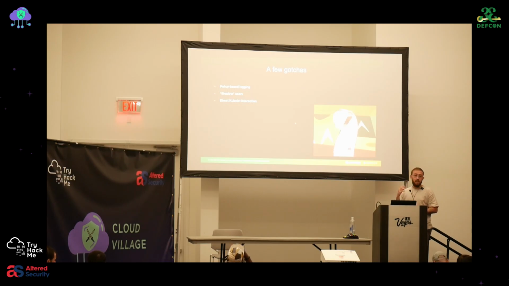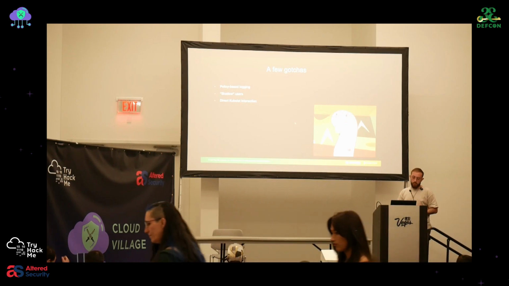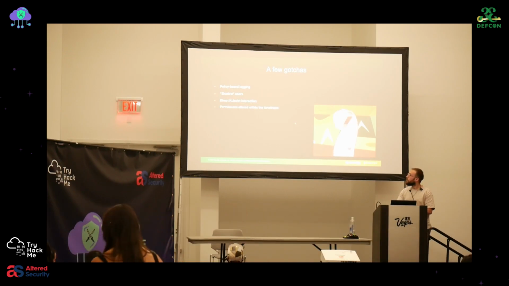So if I've got get and create on nodes proxy on a given node, I can talk directly to the kubelet on that node and do anything within the realm of that node, regardless of what permissions I have, and it won't get logged. There are a lot of third-party vendors that use direct kubelet interaction, for example, for metrics and stuff like that. So again, just be vigilant there.